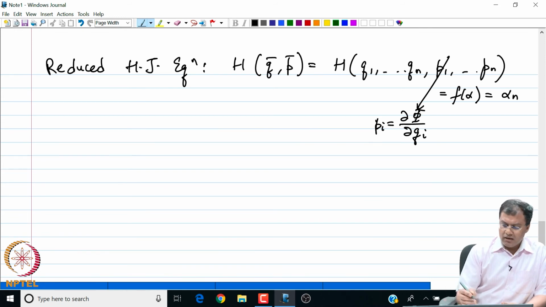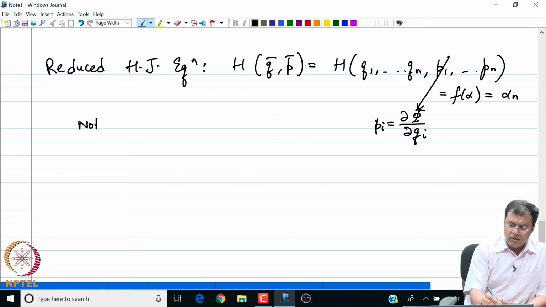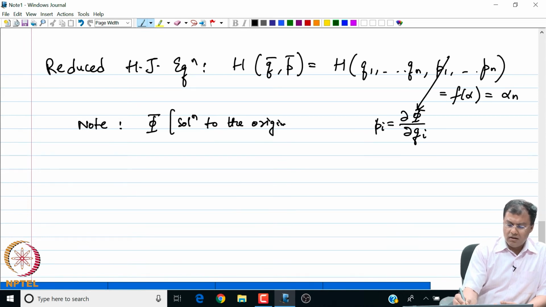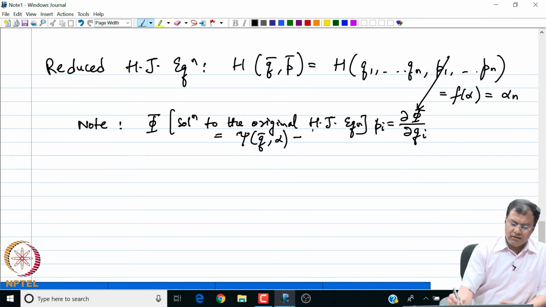So, what is my phi? My phi is the solution to the original Hamilton-Jacobi equation, and we saw that phi was equal to psi of q bar comma alpha minus f alpha of t, right.